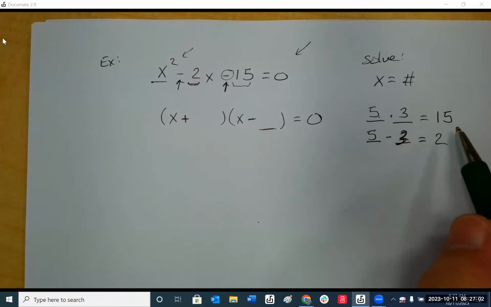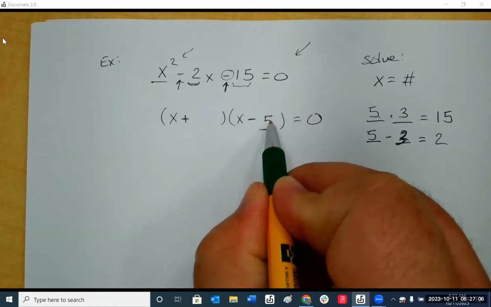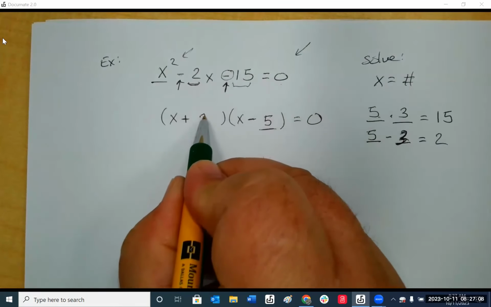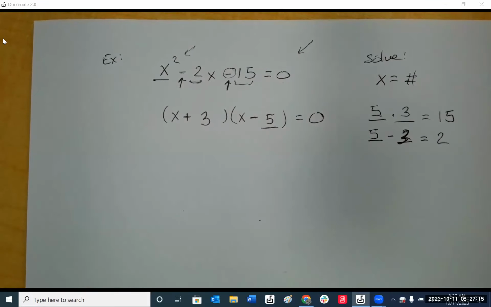So those are the two numbers. Since the first sign's a minus, the 5 goes with the minus. Okay, we've just factored it. That's the first step.